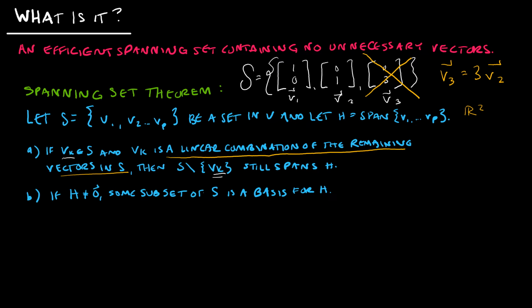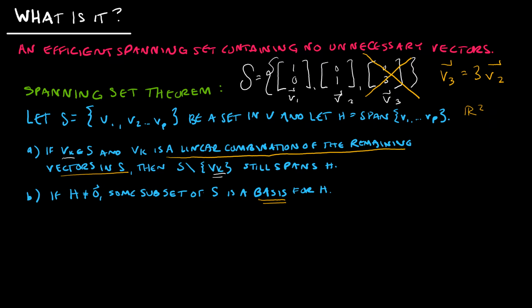The spanning set theorem also tells us that, assuming H is not the zero vector, there is some subset of S that is a basis for H. So what does that mean? Remember that a basis is linearly independent vectors that still span the same region.